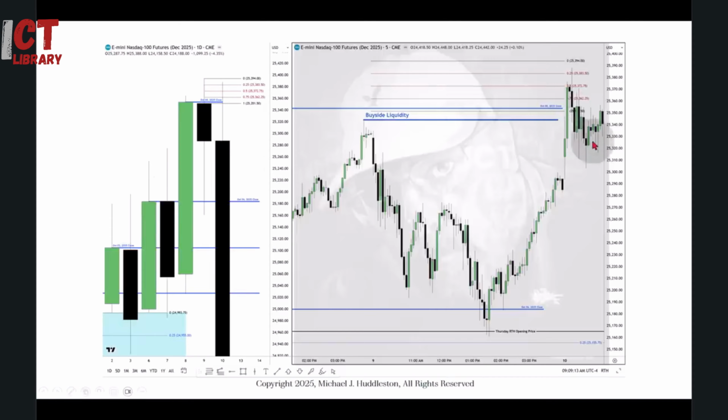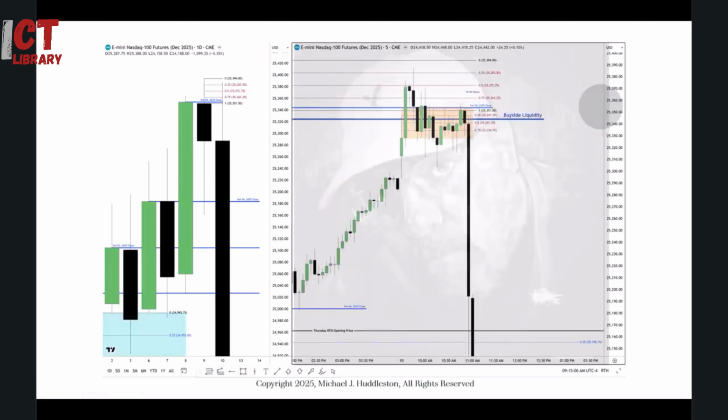The market trades right back above, right in here. Above buy side here, and taps October 8th, 2025's closing price after just a hair pierce above it. And then that happens.